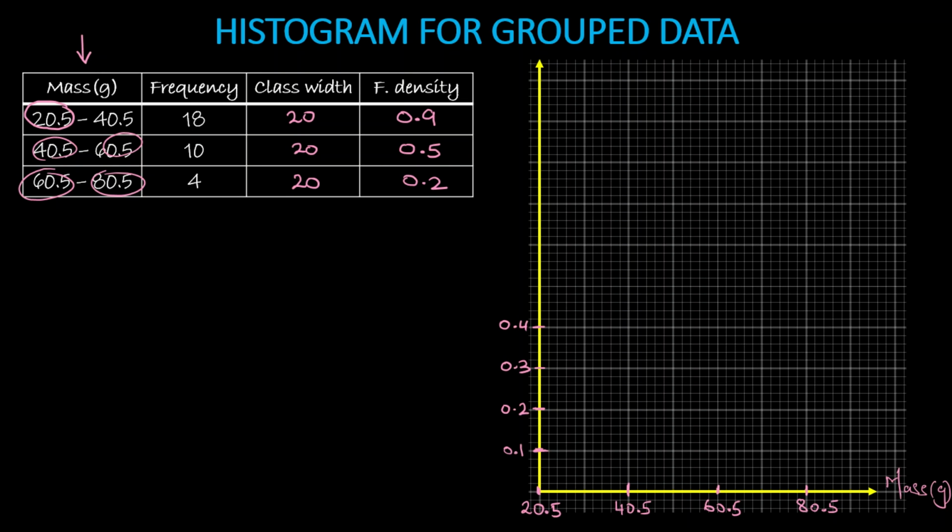See 0.4, 0.5, 0.6, 0.7, 0.8, 0.9, and 1.0. This is the axis of frequency density. Right, so we use our ruler again to complete the bars of the histogram.